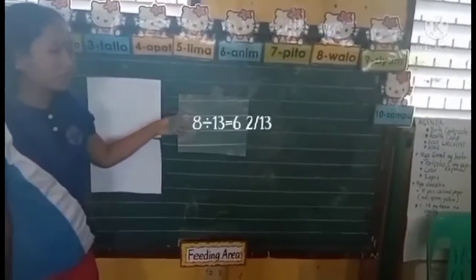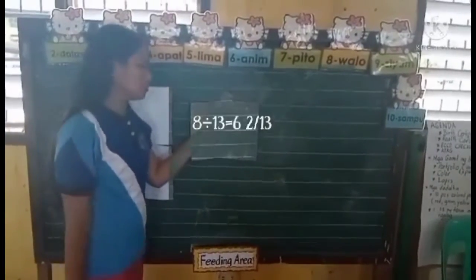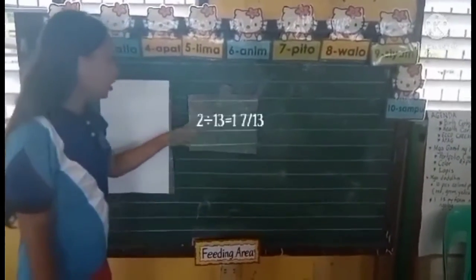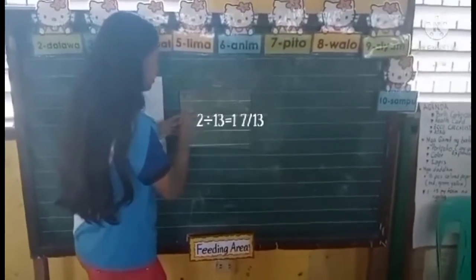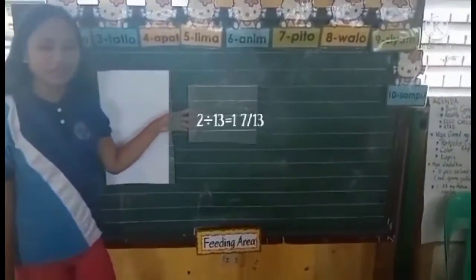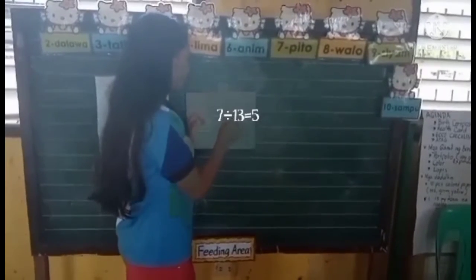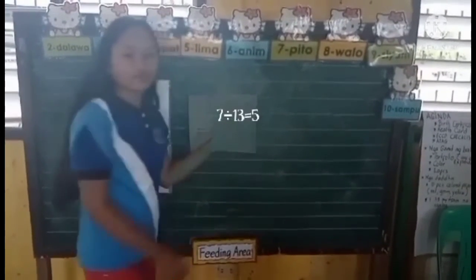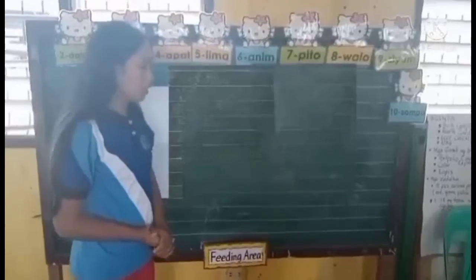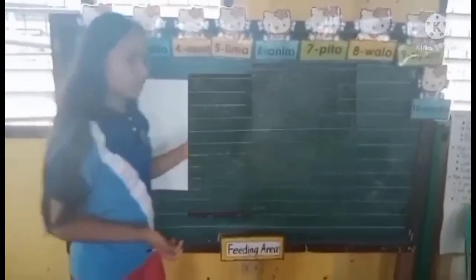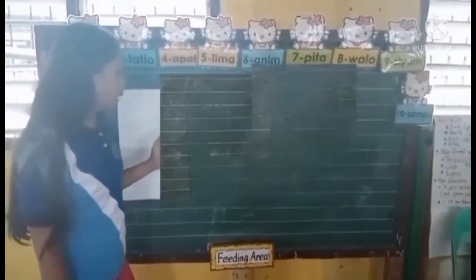8 over 13 is equals to 6 and 2 over 13. Then, ngayon naman, i-divide natin yung 2 sa 13. 2 divided by 13 is 1 and 7 over 13. And then, i-divide natin yung 7 at yung 13. 7 divided by 13 is equals to 5. Ang susunod nating step ay i-add natin ang mga whole number para makuha ang 12.